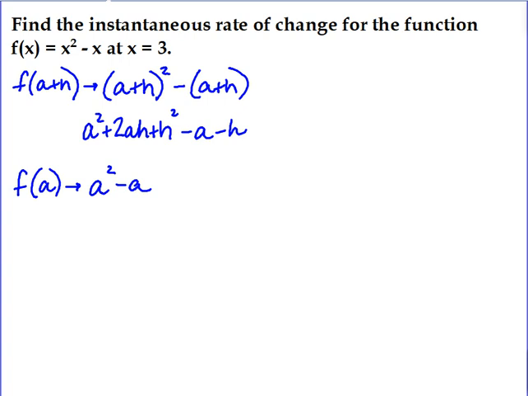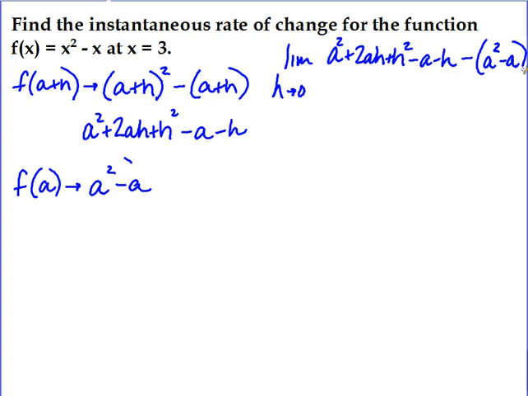So I have the limit as h approaches 0 of a squared plus 2ah plus h squared minus a minus h minus f of a. And that's all over h. So now I'm going to simplify.